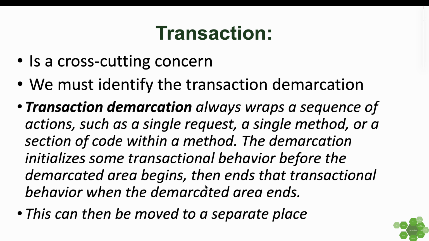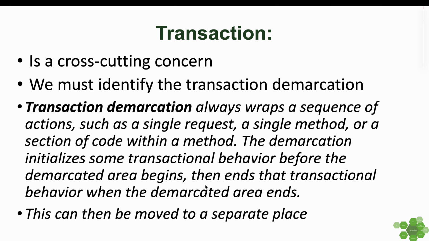But before that, you always have to identify the transaction demarcation. So what does a transaction demarcation do? A transaction demarcation will wrap a sequence of actions, such as a request, a method call, or a section of code within a particular method, which then gets created.